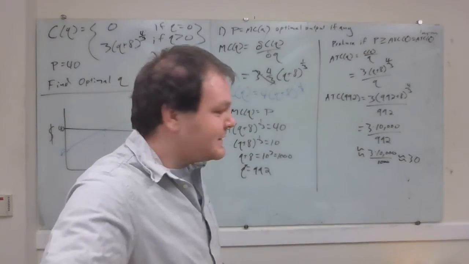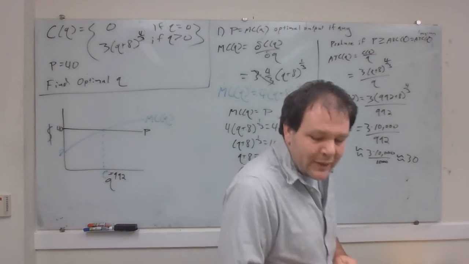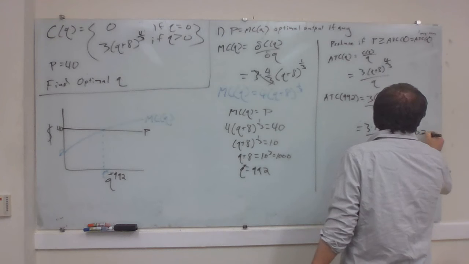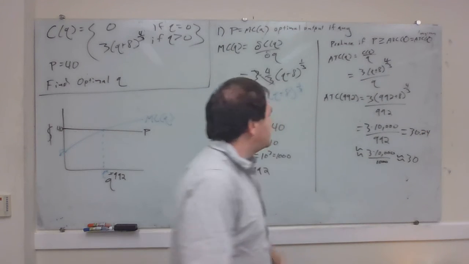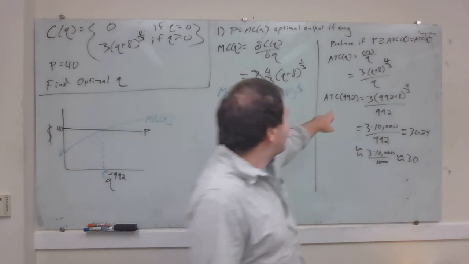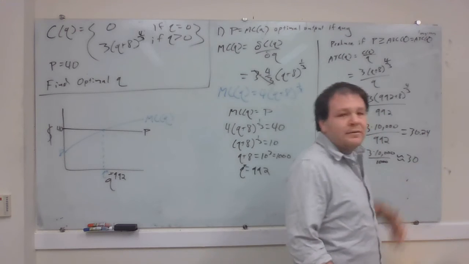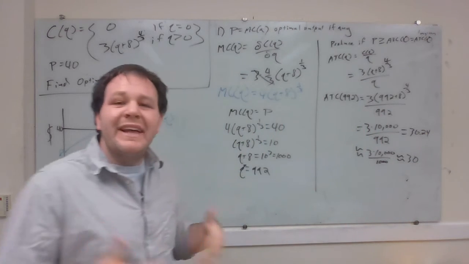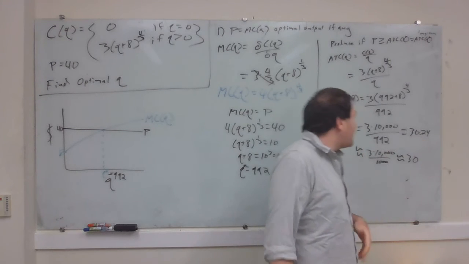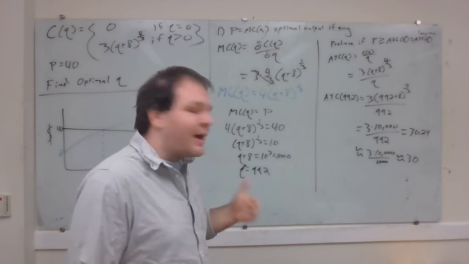So we can double check this. Actually dividing 30,000 by 992, we would get 30.24, which is about 30. So is it going to be worth it for us to produce output? Yes, because we have an average variable cost equal to our average total cost, which is equal to about $30.25, but we're selling each unit for $40. So this means that on average, we're coming out about $9.75 ahead of where we would be if we're not producing at all.